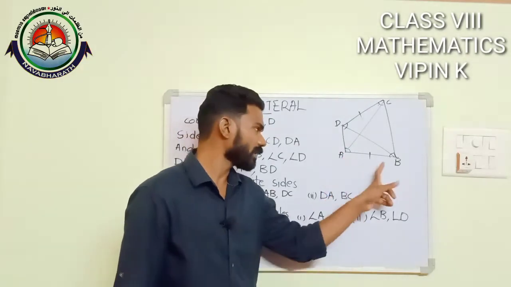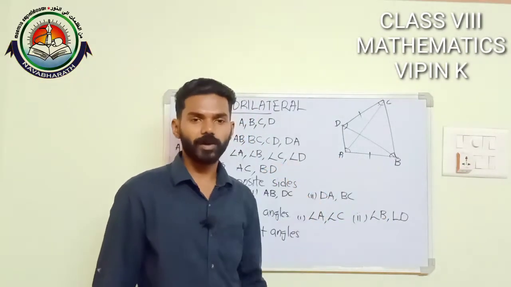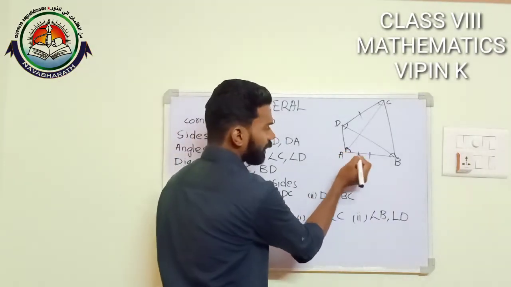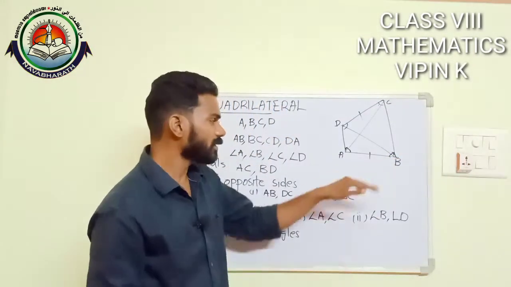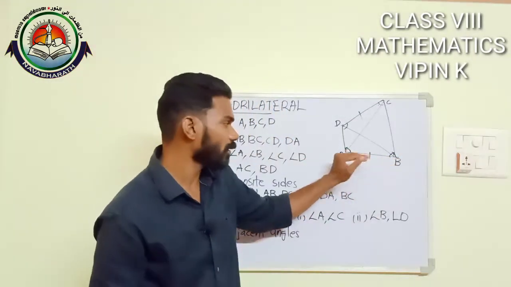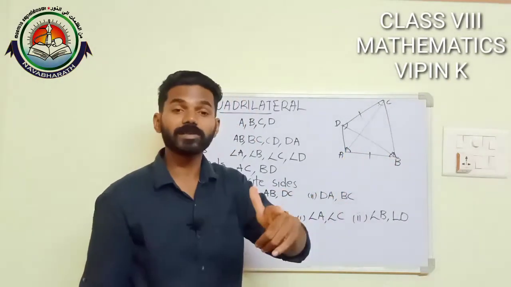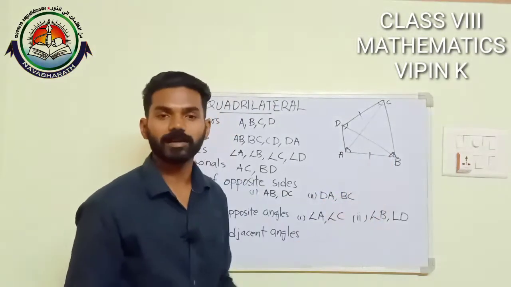On this side AB, two angles are formed, one at the end A and the other at the end B. Since these two angles are formed on the same side, we can consider them a pair of adjacent angles.